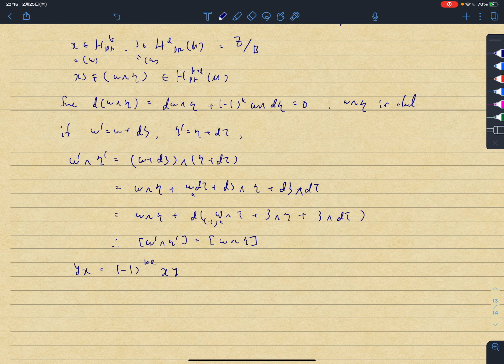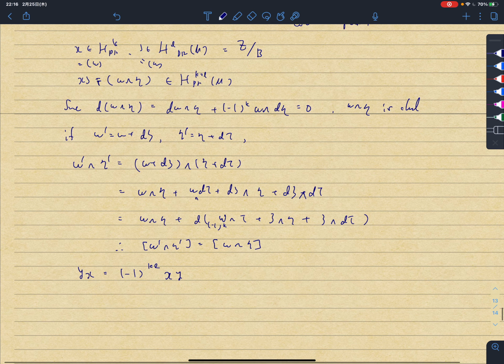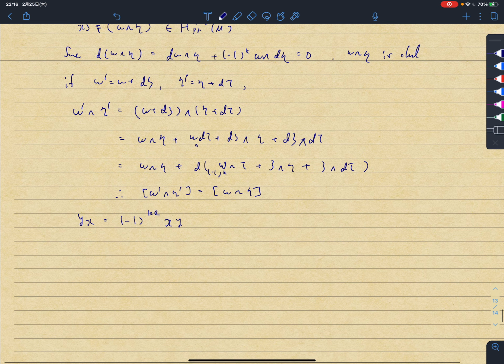Wait. xy is a (k plus l)-form, taken as a quotient by boundaries.